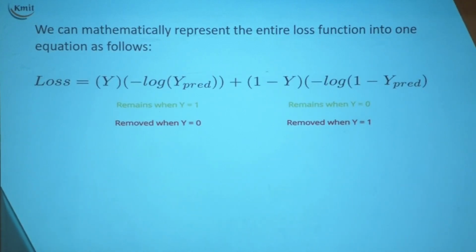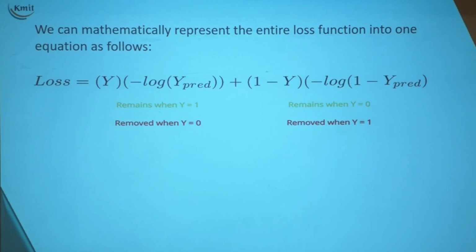For binary cross entropy, the loss is equal to Y into minus log of Y prediction plus 1 minus Y into minus log of 1 minus Y prediction.